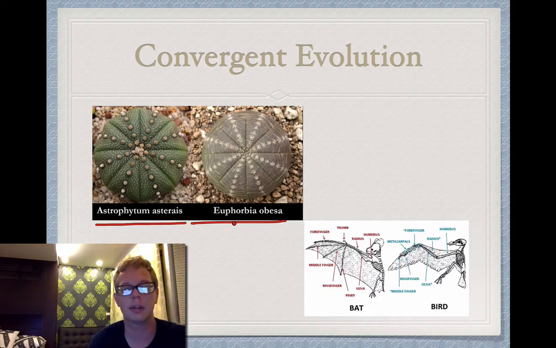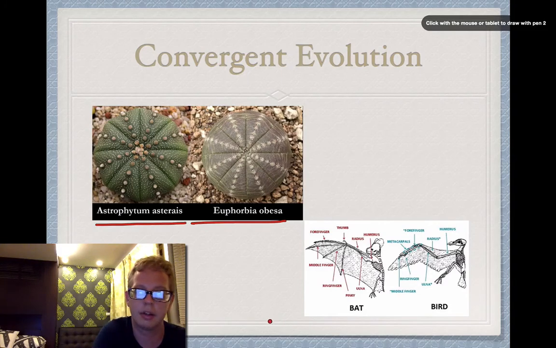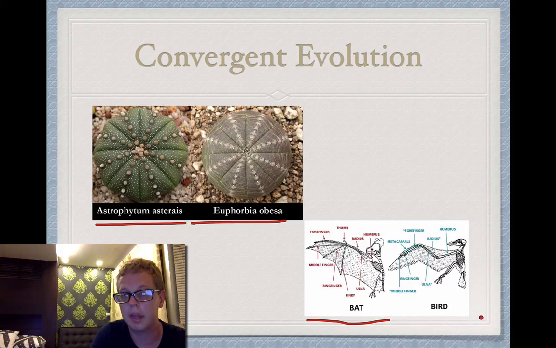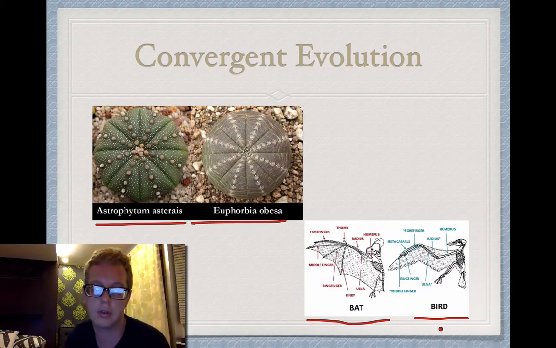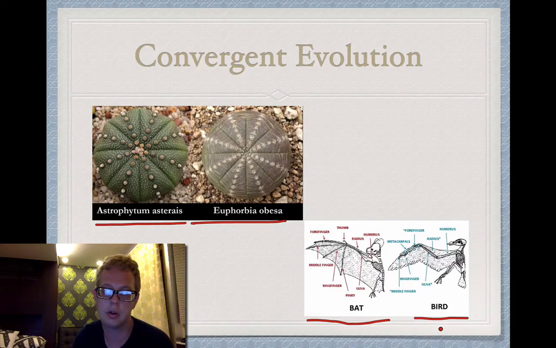Okay, so another example of that is that of bats here. Bats are mammals, and they have a wing, though, and that is a similar structure to that of a bird. But bats and birds are not very closely related at all. Bats are more closely related to us than they are to the birds.